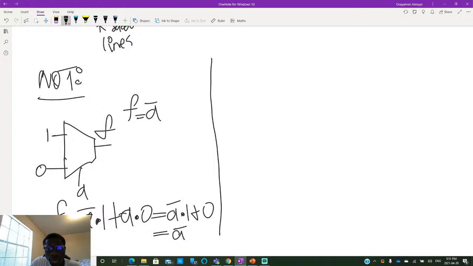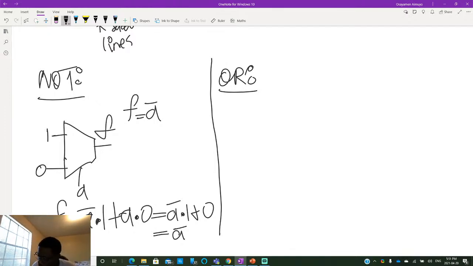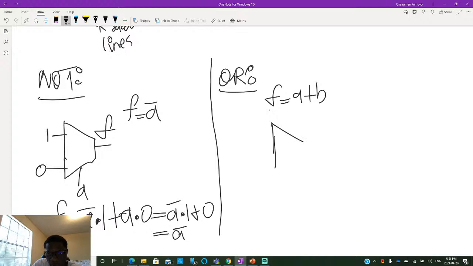Okay, so for an OR, that is a bit more involved. We want to show that F is A or B. So we have something like this, right? F is here, we have A here, we have B, and we have 1.